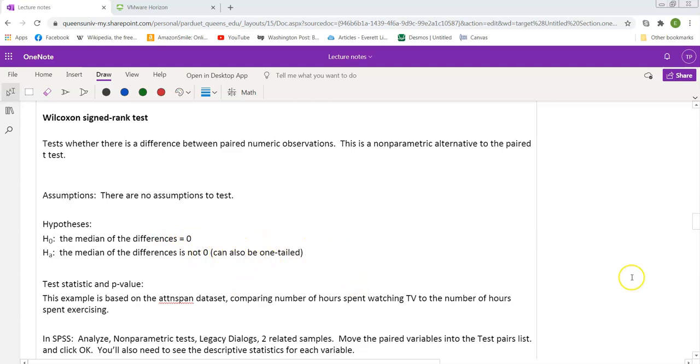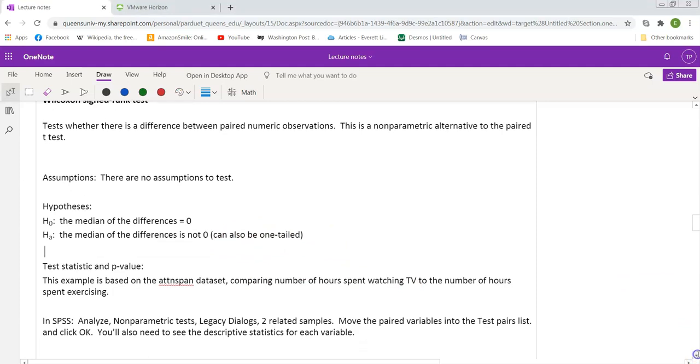We can run a one-tailed test as well, and we'll get to that. I'm not in these videos going to show you the nitty-gritty of how these tests work, but they're kind of nice. So I will post YouTube videos where other people have done that, so that you can see it.